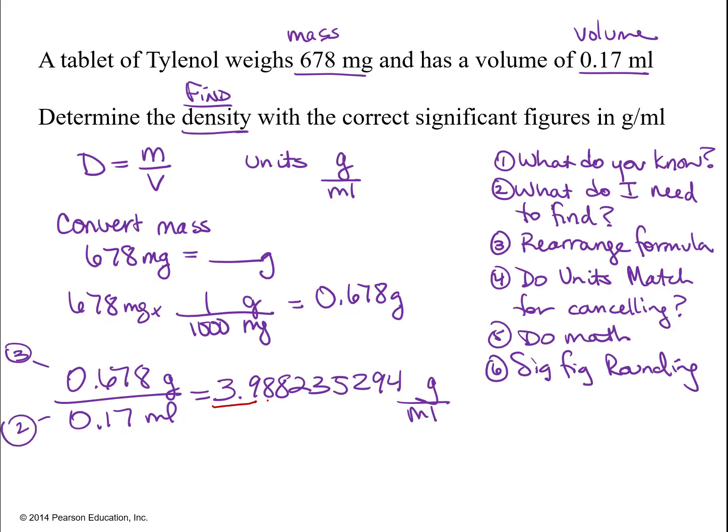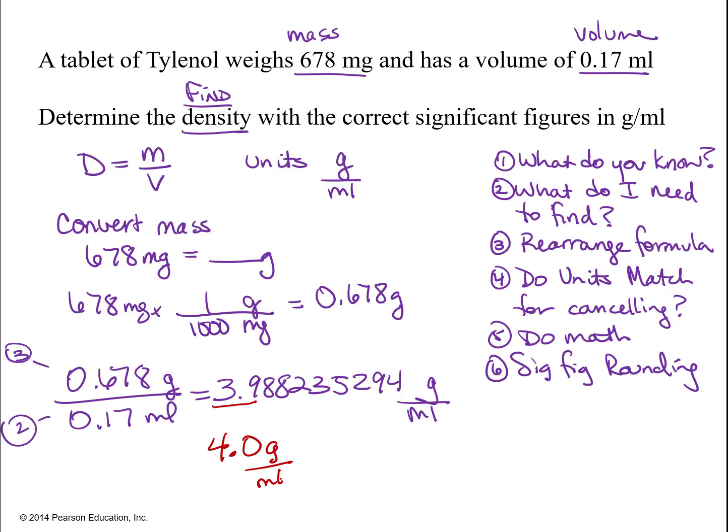This is an 8, so what will it do? It's going to round the 9 to a 10 and the 3 to a 4. So I would end up rounding to 4.0, keeping 2 significant figures in that answer.